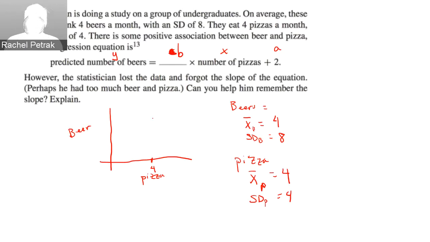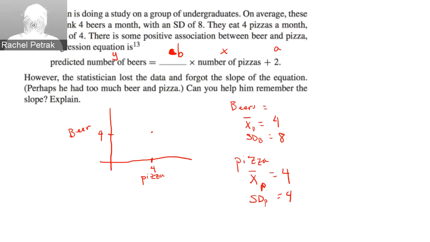And at some point here, it's going to encounter the average for beer, and that will happen when beer is also equal to 4 beers, because the graphs always intersect at the point of averages. And the regression line has to go through the point of averages.